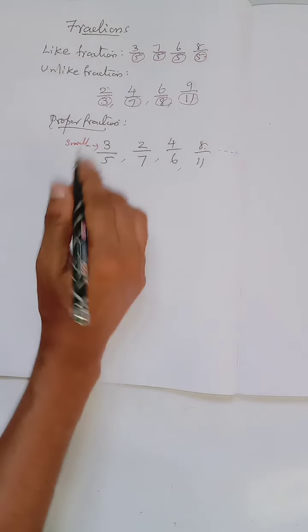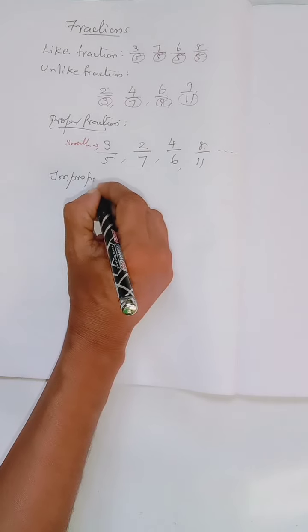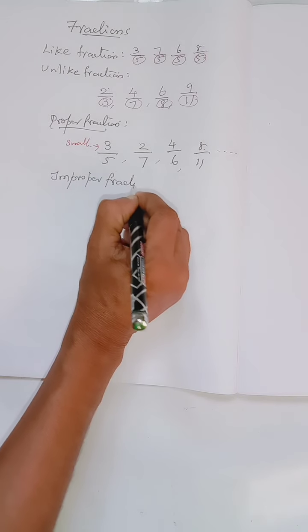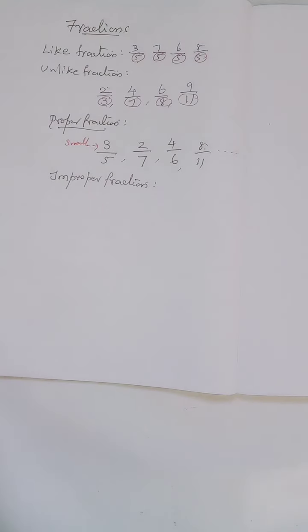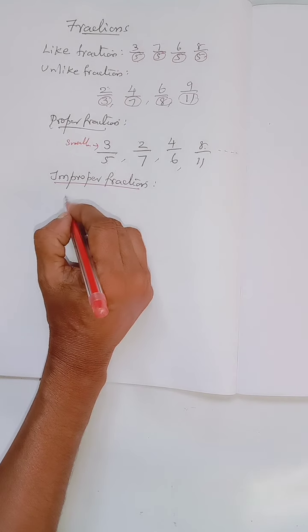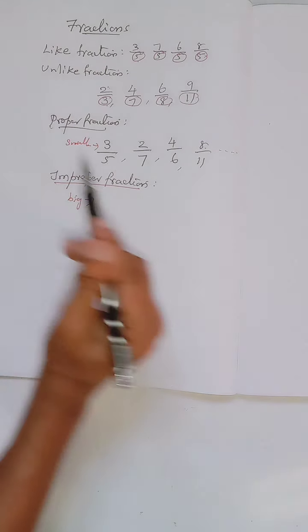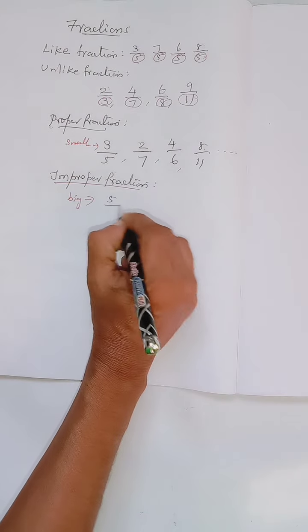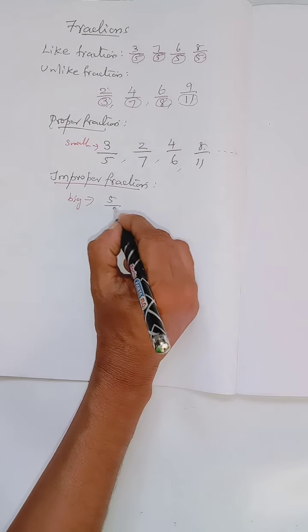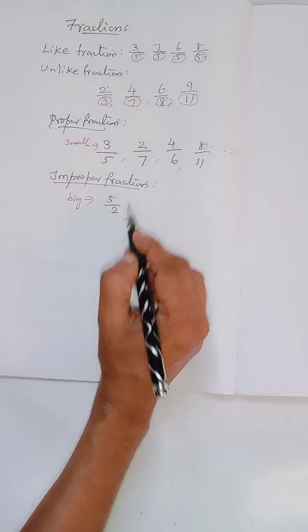Then the second thing is improper fraction. What is meant by improper fraction? Just the reverse of this. My numerator will be a big number. For example, I can write 5 by 2. Reverse. My numerator is bigger than the denominator.